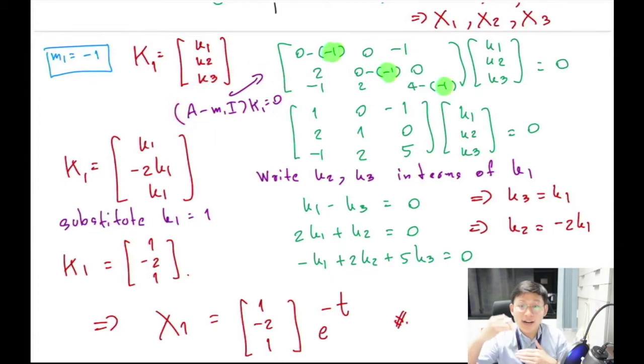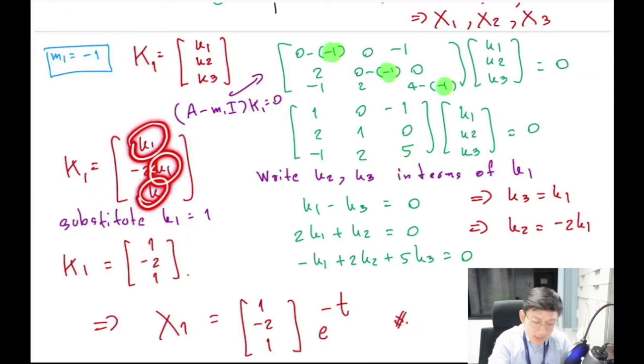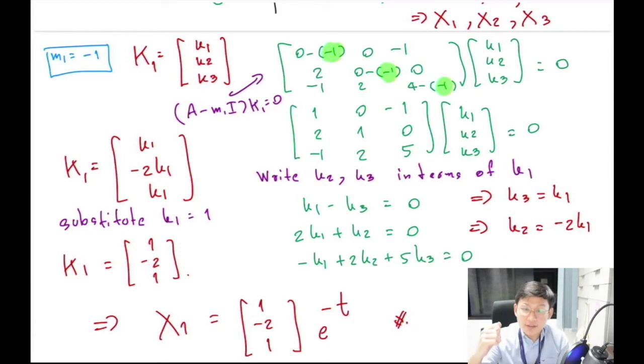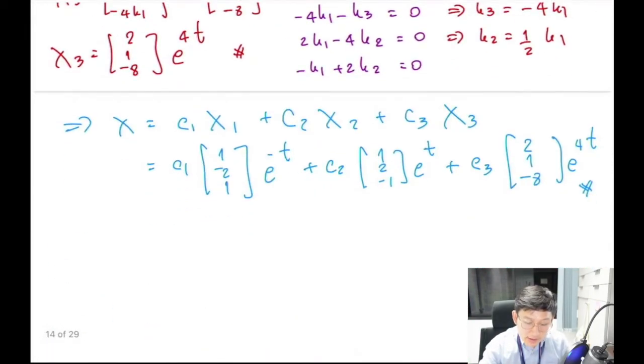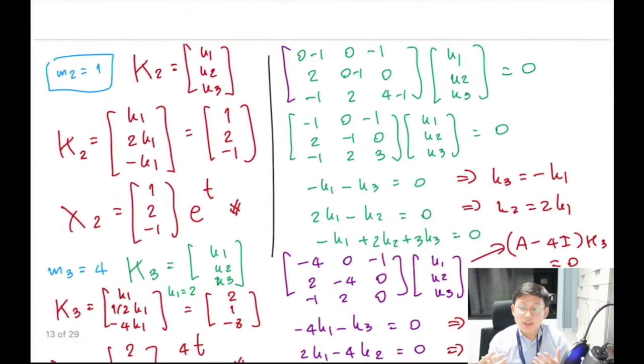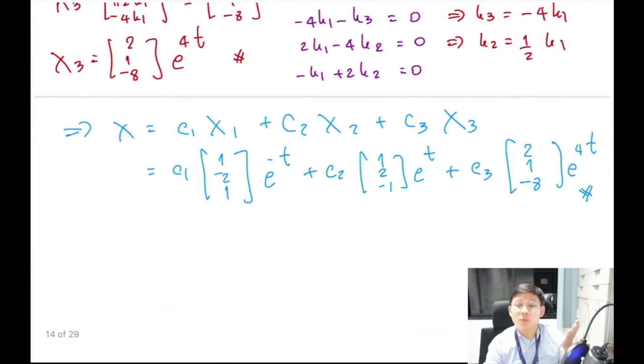And then you write k2 and k3 in terms of k1. So it's all k1. And then you substitute k1 with 1 or any other numbers that you like. And similarly, you get k2 and k3. In that case, when you get k1, k2, k3, you get the solution x as well. And the answer would be c1x1 plus c2x2 plus c3x3.